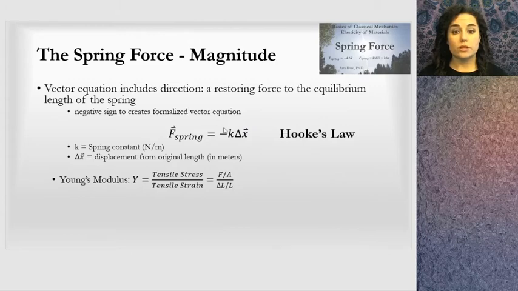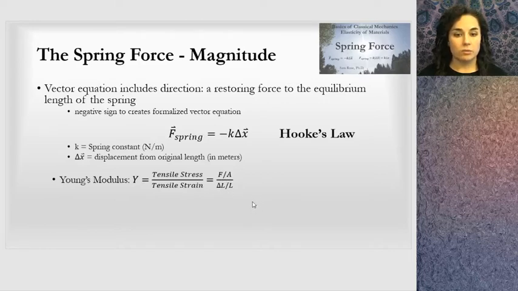The spring force in quantification is a vector equation known as Hooke's law. The spring force vector is in the opposite direction and multiplied by the spring constant k times the displacement vector. And this arises through Young's modulus. We know that a force is applied over an area and it causes a change in length over length.